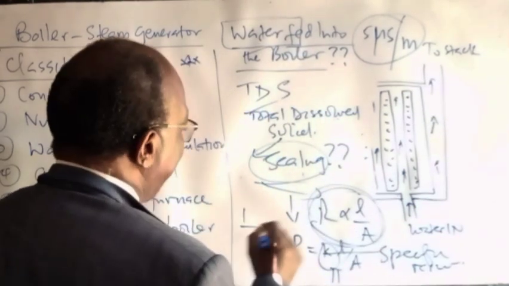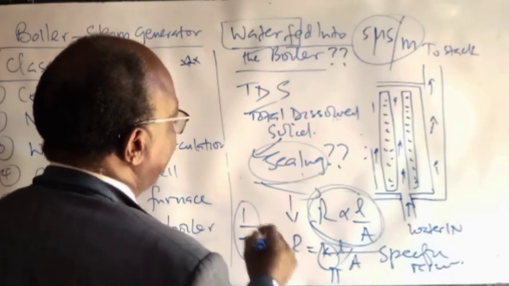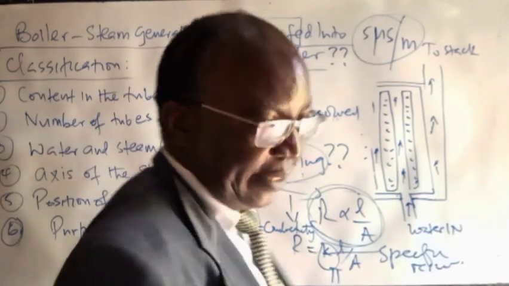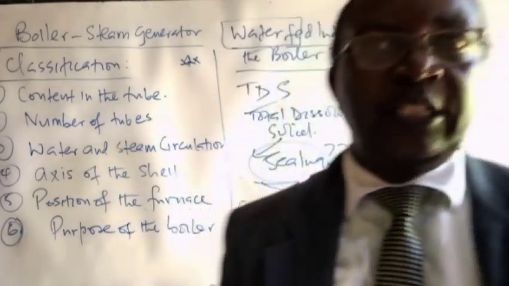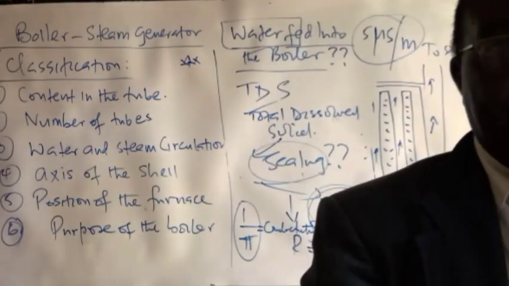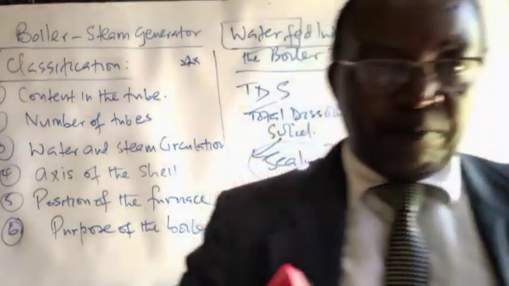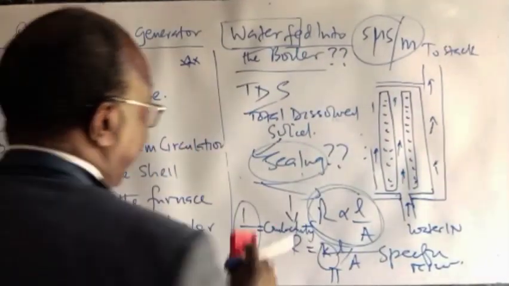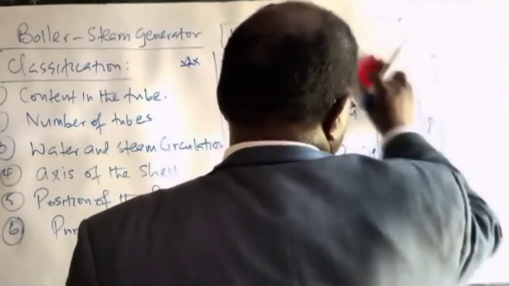And that 1 over pi is the conductivity. So these quantities are very, very important, so that you look at the quality of the water which you are feeding into your steam generator or boiler unit. I just needed to mention that in passing.